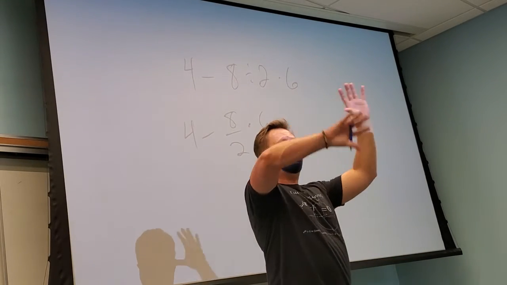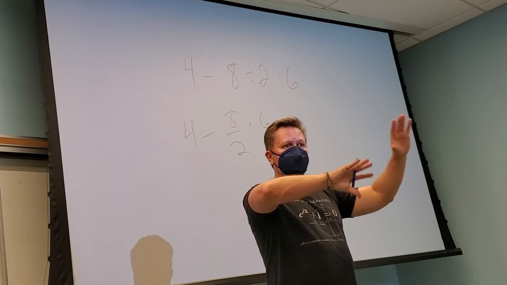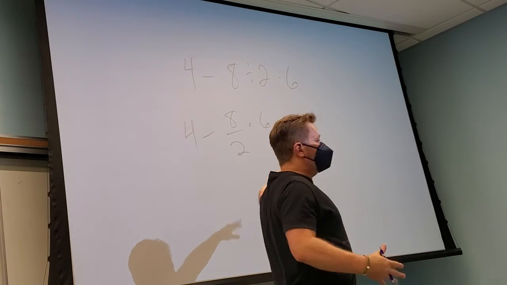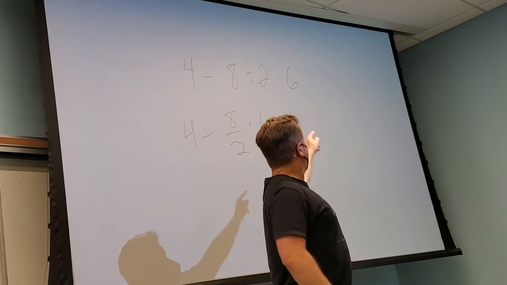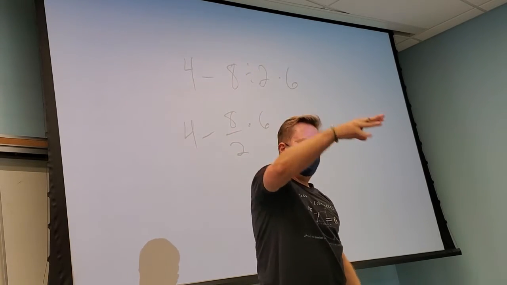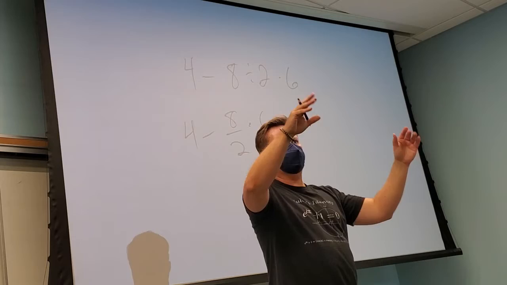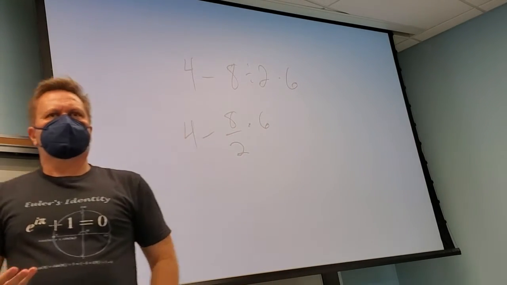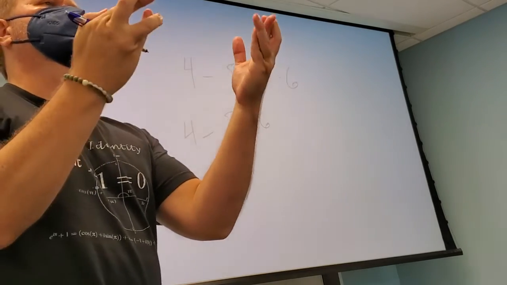So as long as you put things in the right place, math does allow you to do some stuff out of order. But you can't make it 12 because you shoved that 6 down and made a new problem. You're like, I like your problem, Jeff, but I want to do this problem instead. You're going to lose points. Maybe? Please let that make sense.